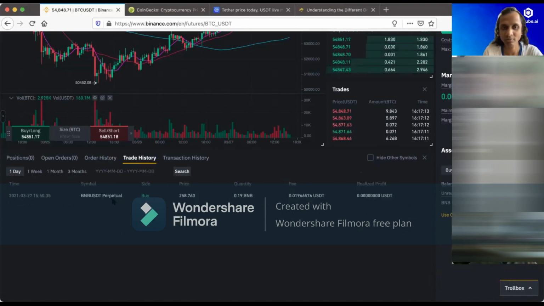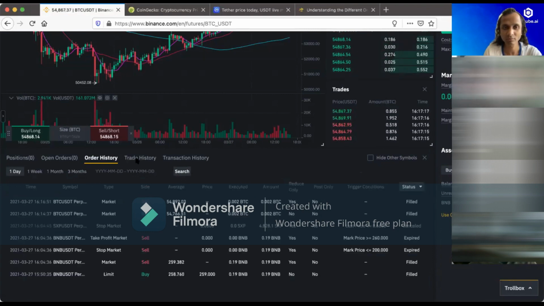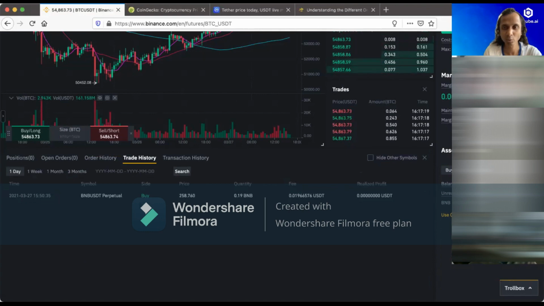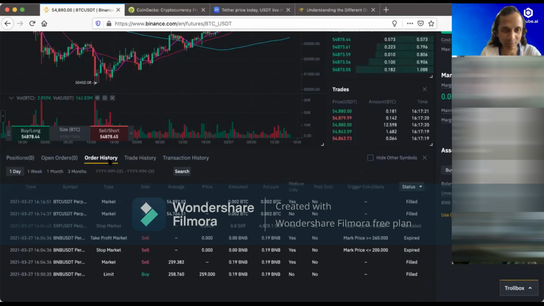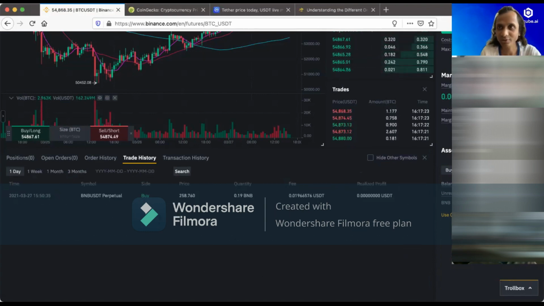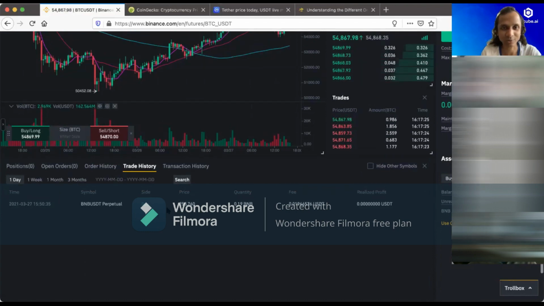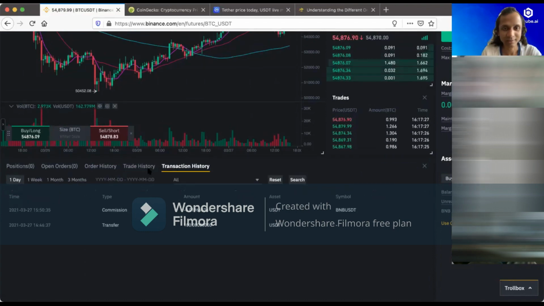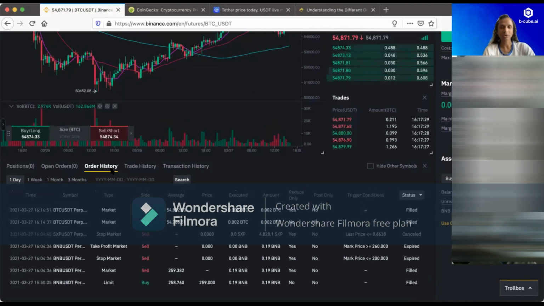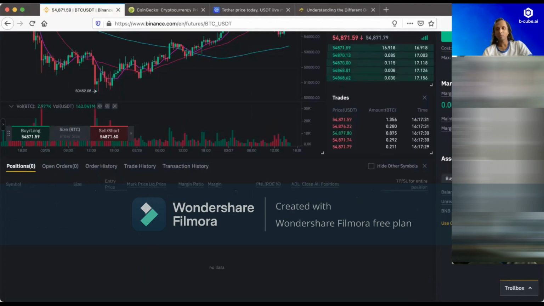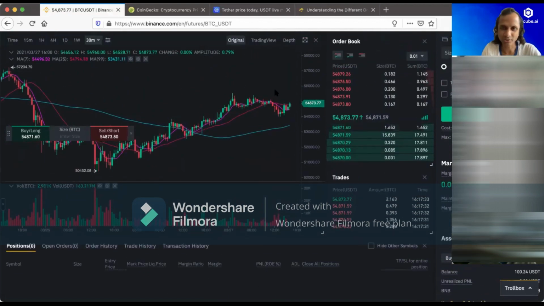Trade history. Oops, looks like another Binance bug. Trade history, BTC is not coming. I don't know why. Anyway, it's okay. So this is how it works. So that answers your liquidity question, I think.